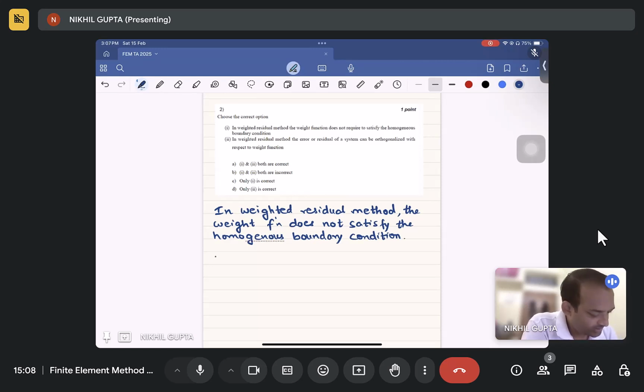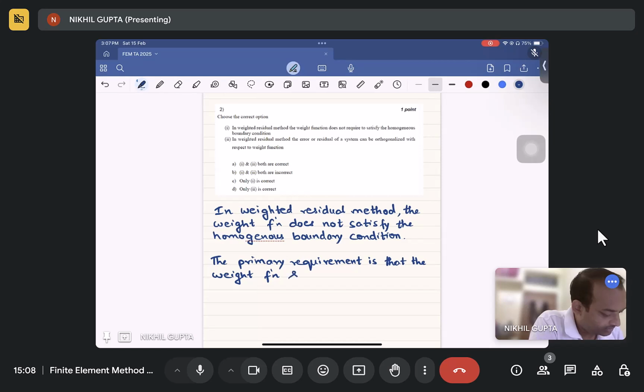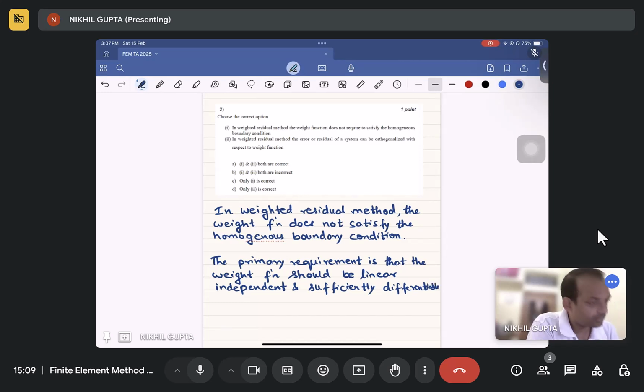The primary requirement is that the weight function should be linearly independent and sufficiently differentiable, to ensure the residual error to be zero.